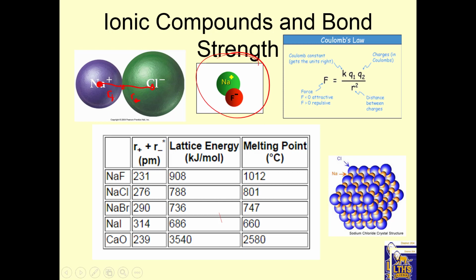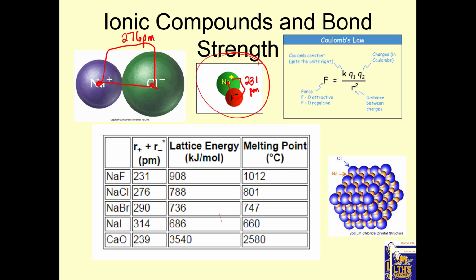The 231 is from the center of that atom, negative radius plus positive radius. For sodium chloride, this here to here is 276 picometers.